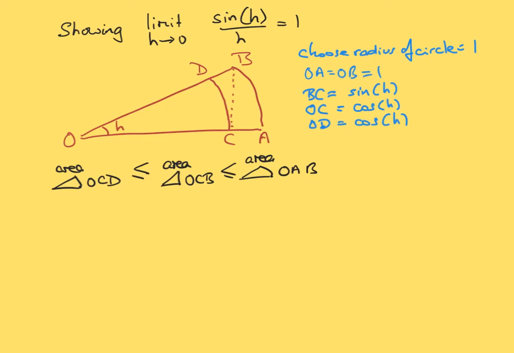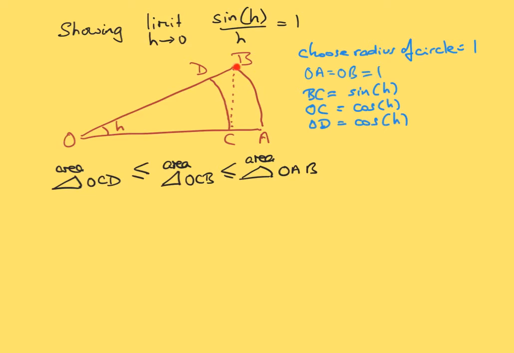So what we're going to do is look at the areas of the three shapes in the diagram. One of the areas is the area of this sector of a circle, and we have a formula for the area of a sector of a circle. We've just derived it on the previous slide. You can see that this is less than the area of the right angle triangle, OCB, and I'm putting less than or equal to because in the limit as h goes to 0, these areas will both vanish.